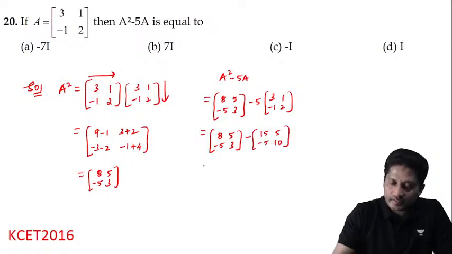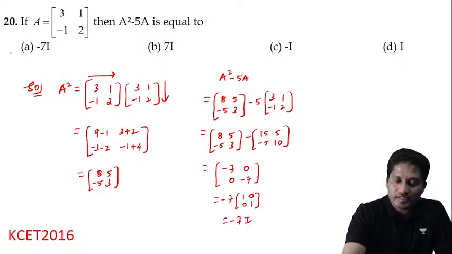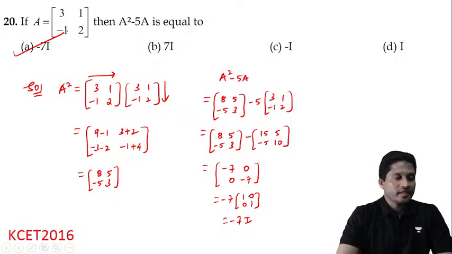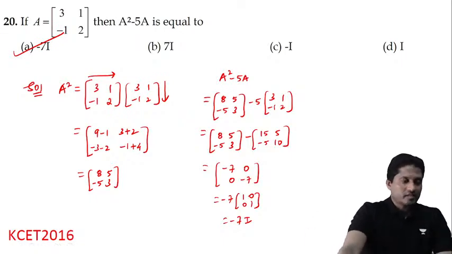Now if you subtract, 8 minus 15 is minus 7, 0, 0 and minus 7, which is minus 7 times 1, 0, 0, 1, equal to minus 7I. Answer is option. Right? Let's move. It's a simple question on matrices. Just find out A square minus 5A.